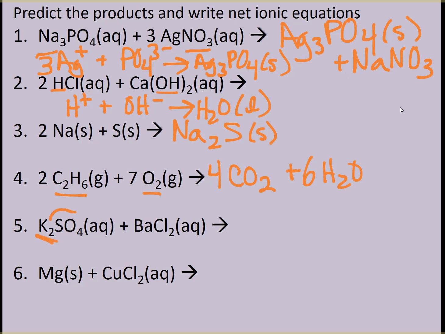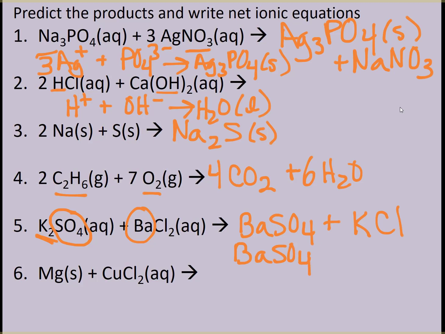So that means my sulfate is going to be in a solid, and the only other cation there is barium. So I'm going to do barium sulfate, and then my leftover. The net ionic, therefore, would be barium sulfate is my solid, and barium has a +2 charge, and sulfate has a -2 charge. So that's a precipitation or a double replacement reaction.